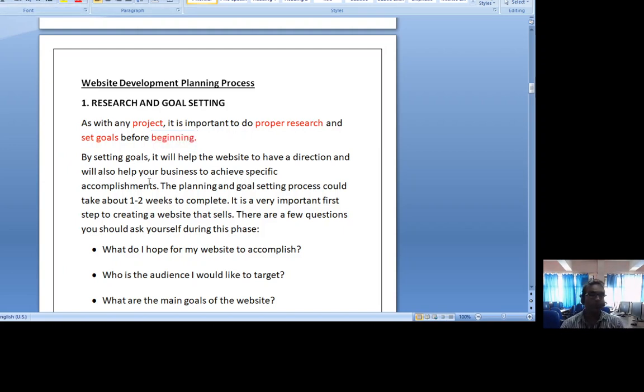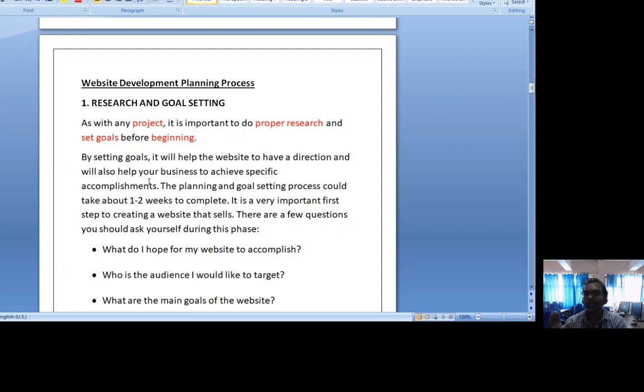Now, what will be the ultimate objective of setting a goal? The ultimate objective of setting a goal is to have a direction in which we will move and achieve our business. In fact, we get business-specific goals only when we have business objectives in front of us.